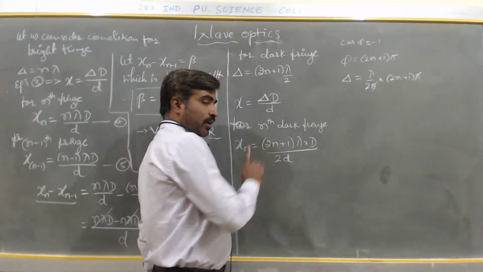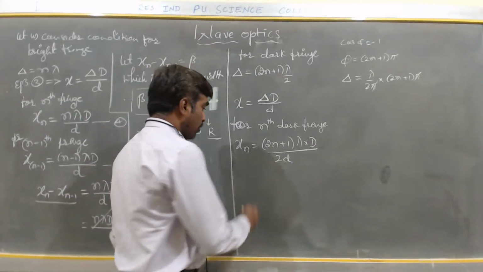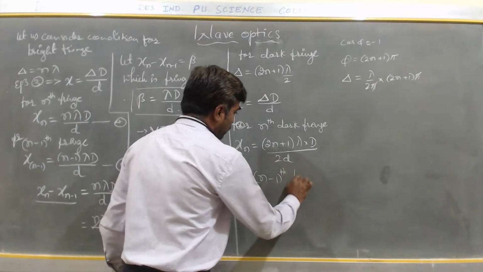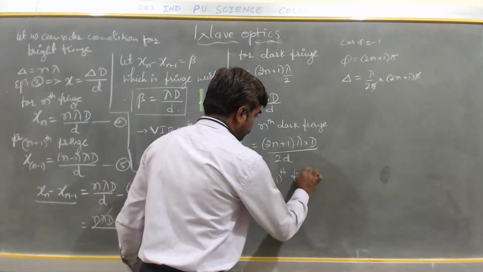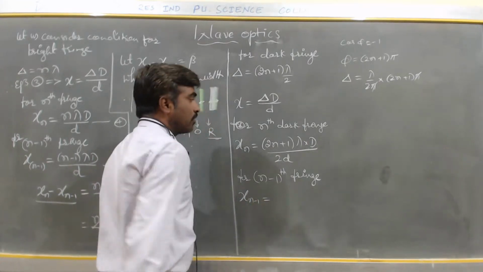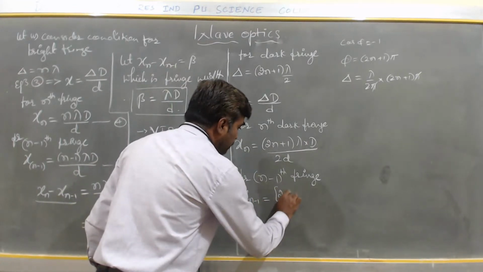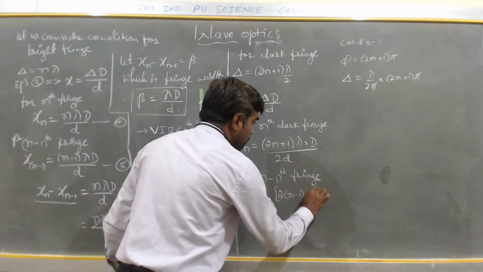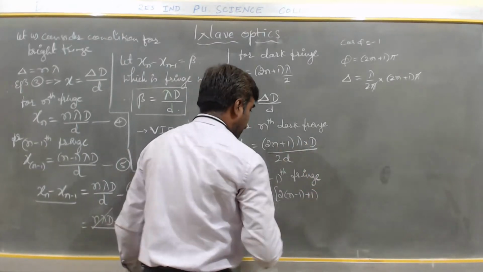It is for nth fringe as it is. For (n minus 1)th fringe, then x of n minus 1 I should write: 2 times (n minus 1) plus 1, according to this condition.